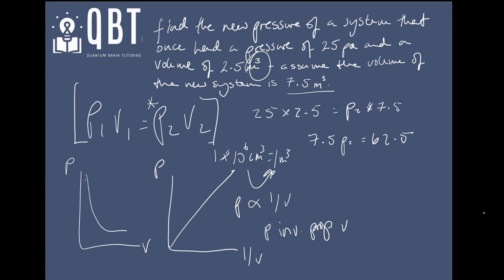And then obviously all we're doing is dividing through by 7.5, so P2 is equal to 62.5 over 7.5, and that gives us an answer of 8.3 recurring pascals. Okay? And that is how we can use Boyle's law to calculate how the pressure changes in a system, or indeed the volume changes in a system, when there is a change in either of those two factors.